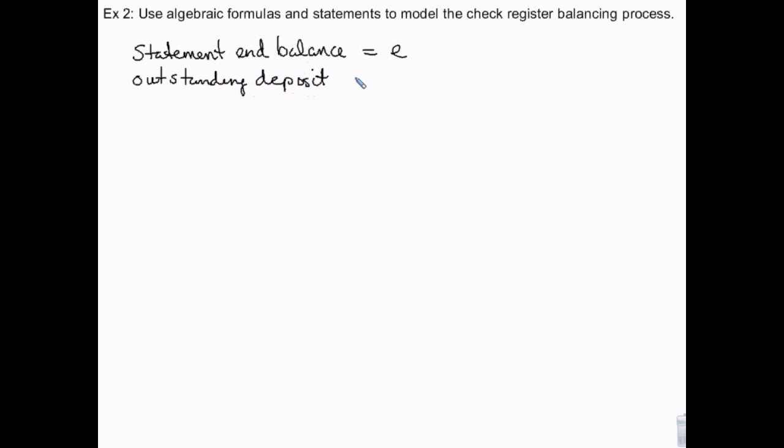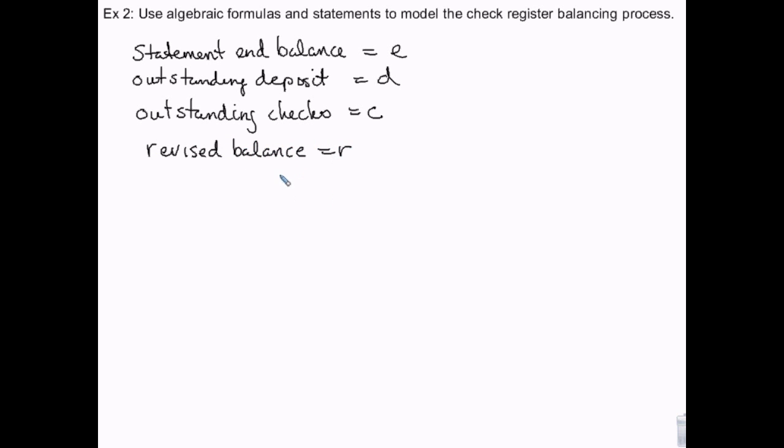So outstanding deposits I'll call D. And outstanding checks I'll call C. So we have ending, deposits, checks, and then revised balance would be R. R would be equal to E plus D minus C. So if that's easier for you to remember than the other.